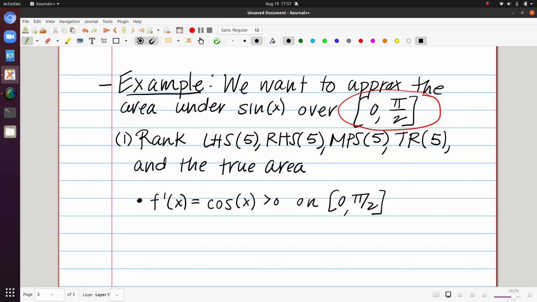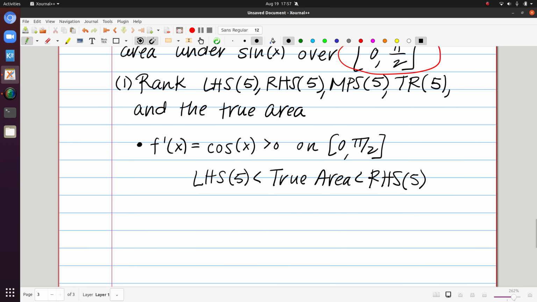And so that means that we're considering an increasing function. So what we know right away is that the left-hand sum is smaller than the true area, and the right-hand sum is larger. So from that alone, I can at least figure out how those 3 things relate to one another.